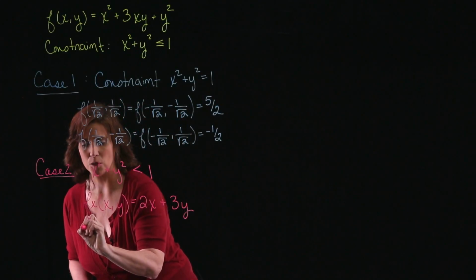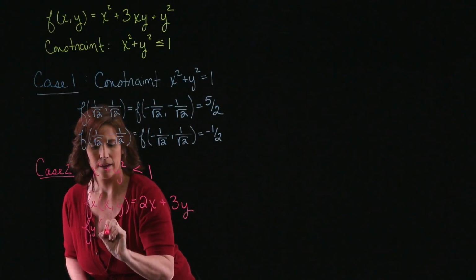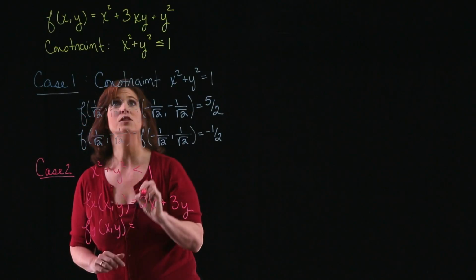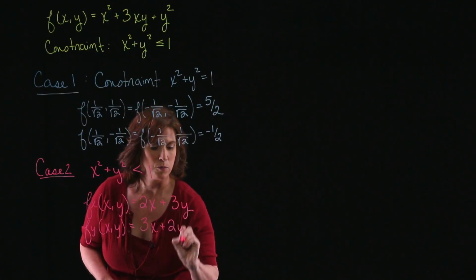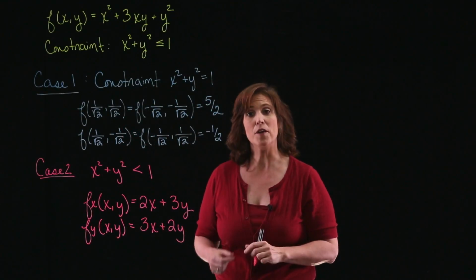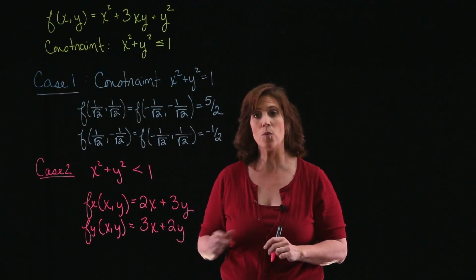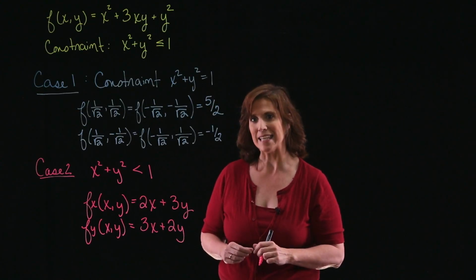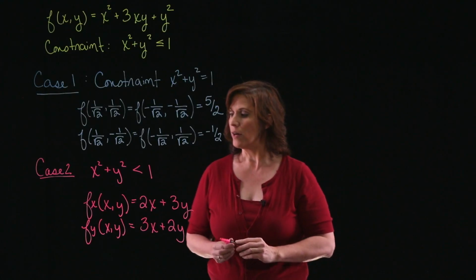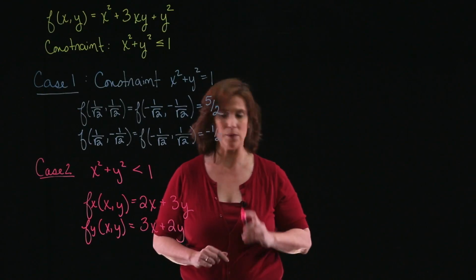And the partial with respect to y is going to be 3x plus 2y. Now I know that critical numbers will exist when either one of these partials is undefined or when they're simultaneously equal to 0.